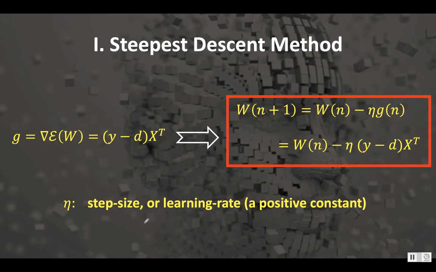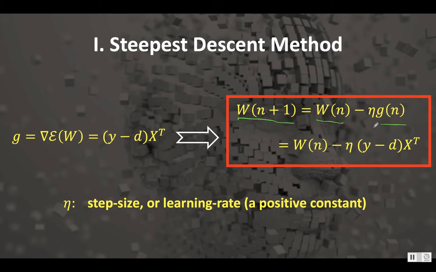In the previous video, we showed that in the method of steepest descent algorithm, the update of the weight Wn plus 1 is equal to Wn minus eta multiplied with Gn.